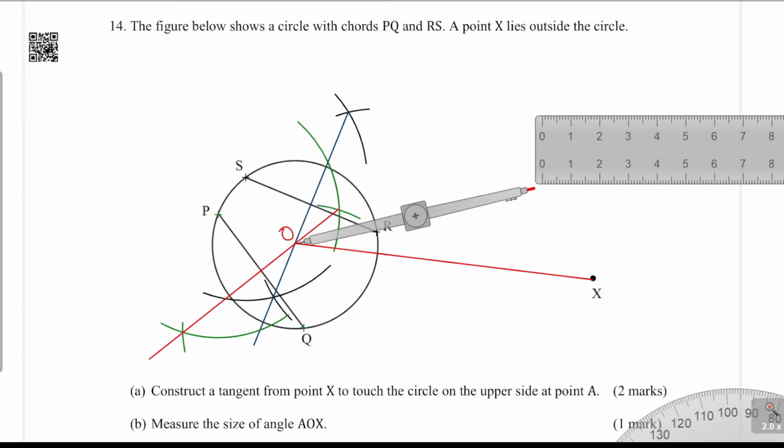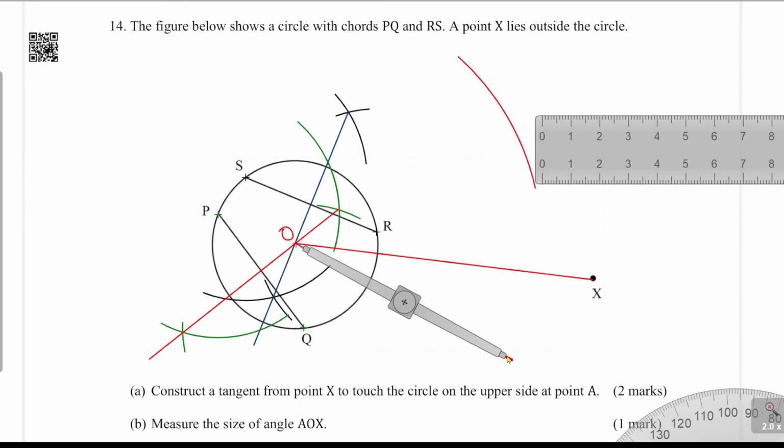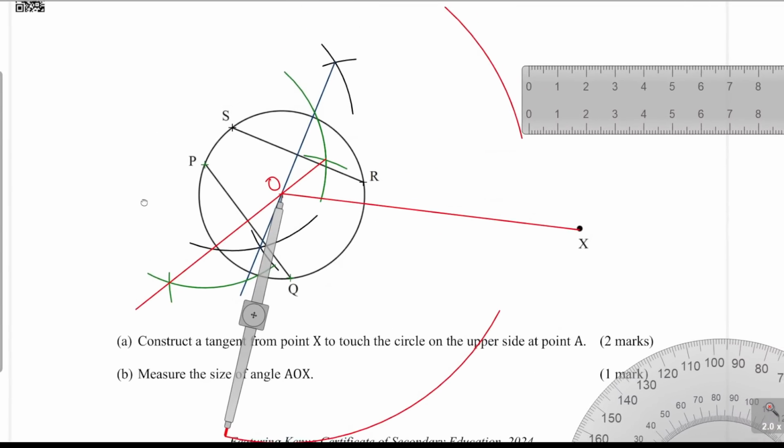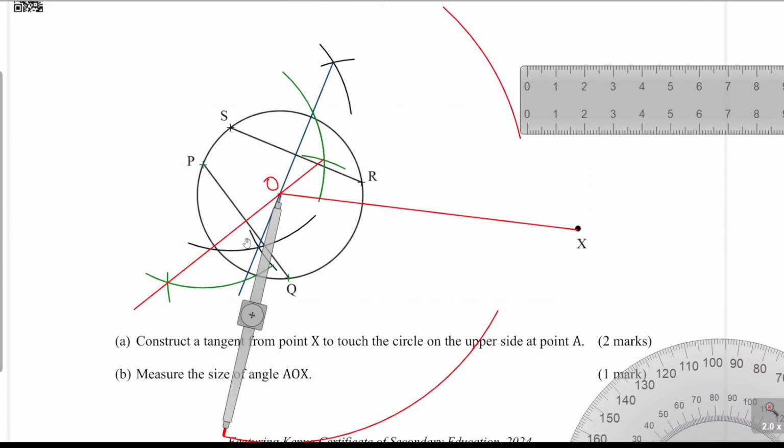Open that on more than half of that line, and then you can mark an arc on the top there, the same radius. You can mark another arc on the bottom here, like that. Then you stand at X, then cut this arc, cut that arc, then also cut this arc here, cut that arc.